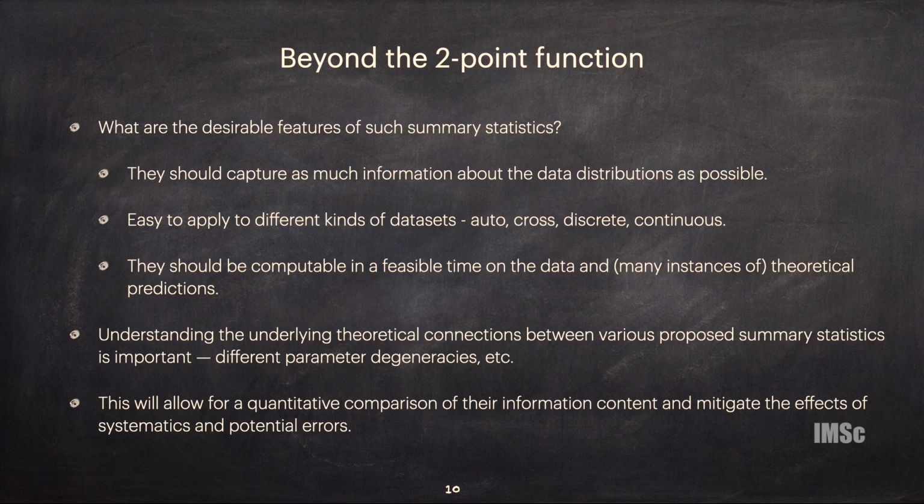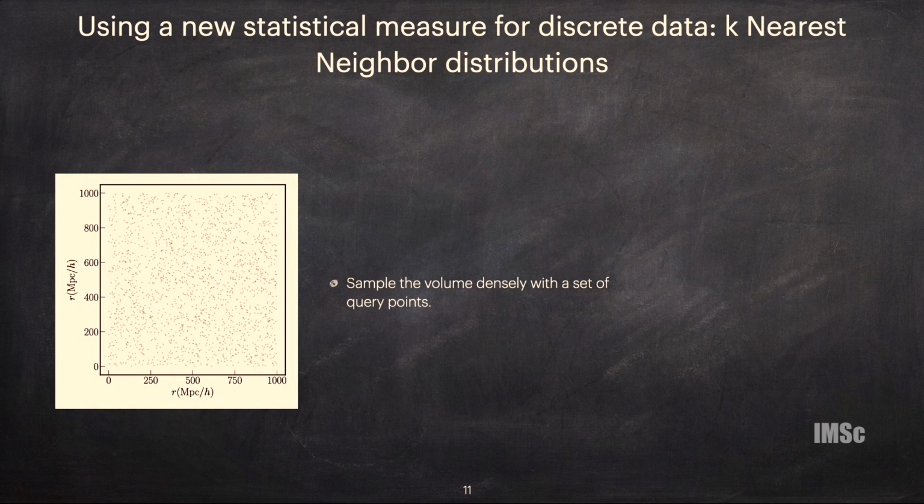Okay? With that, let me dive into a particular summary statistic that I have been developing over the last few years. This is called the K nearest neighbor distribution. Let me give you an illustration of how it works. Suppose my data lives in this square, okay? First I will sample this with a dense set of query points.